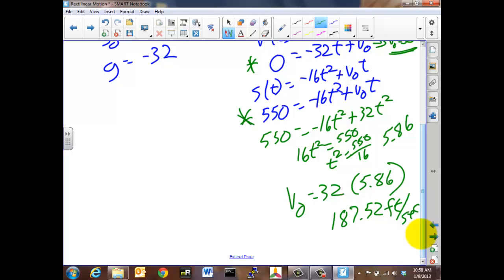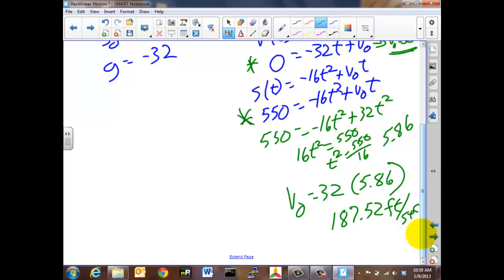I encourage you to be better about it, because on FRQs you'll see questions that say find this with units. If you don't put the units, you don't get a point. But if you do put the units, you get a point. So be sure to put the units: 187.52 feet per second.